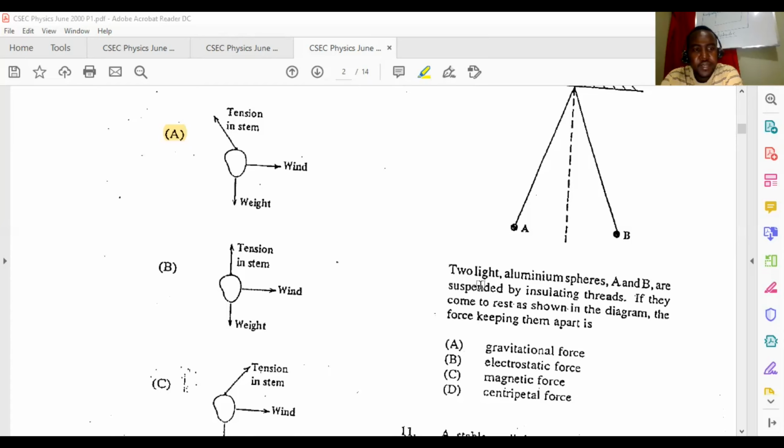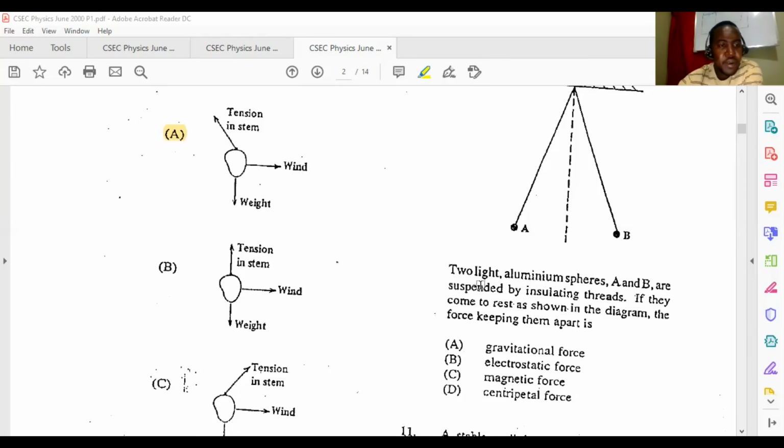All right, so let's look at the possible answers. Centripetal force, you don't know about that one, so it can't be that one because that's not CXC level. Magnetic force, all right, so there are just two metals, so there are no magnets present, so that means it cannot be. So it's either between gravitational or electrostatic.